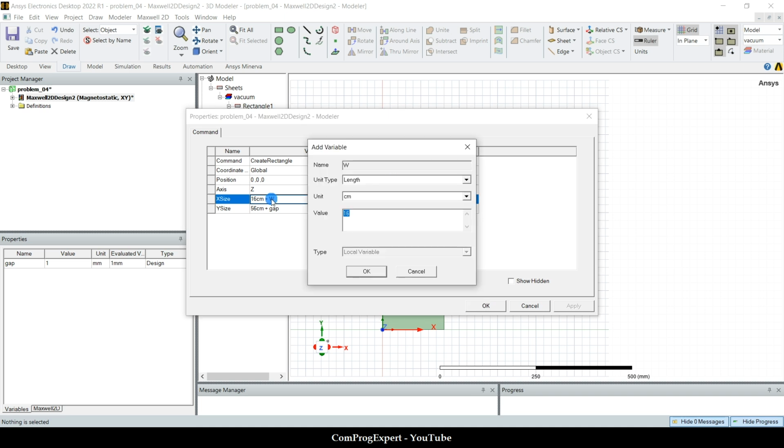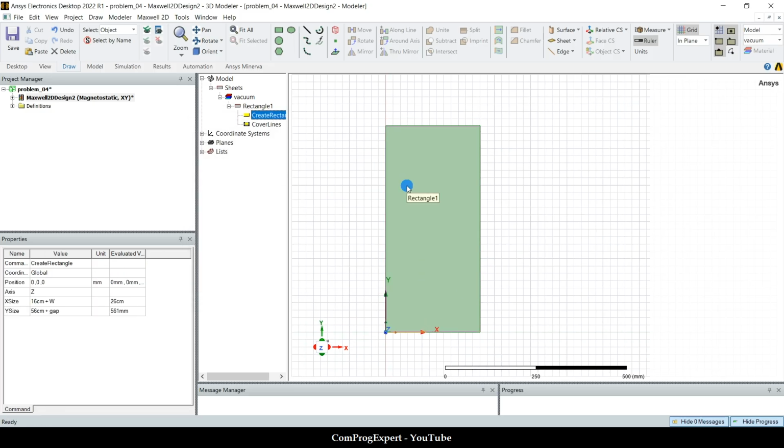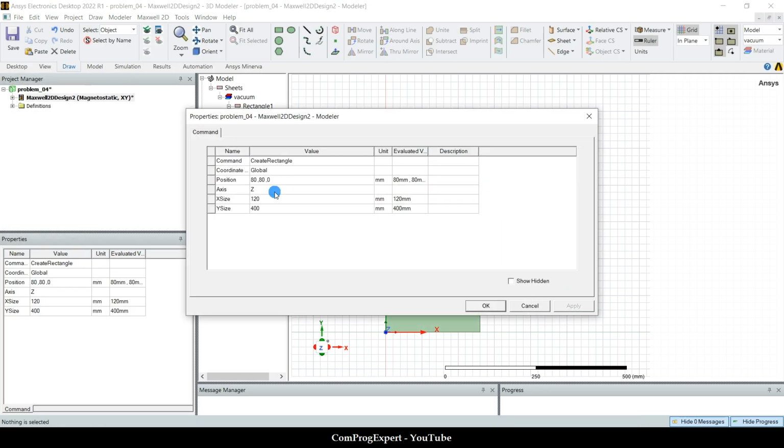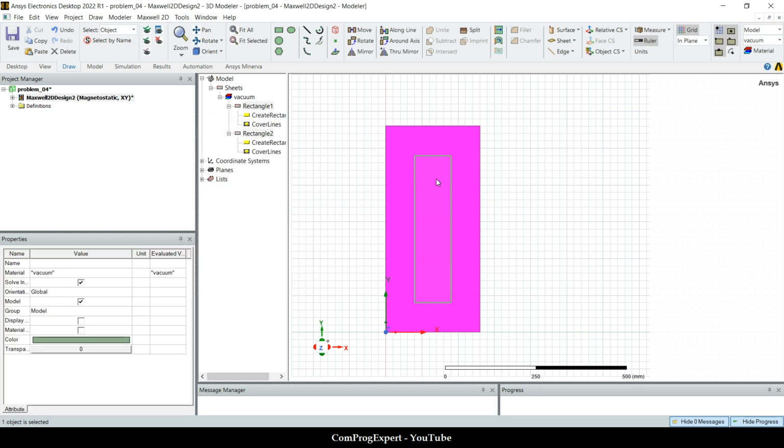Let's consider 10. So now we can draw this rectangle. The x size is 8, the y size is 8 centimeters, the width is w, the height is 40 centimeters. So select this one and subtract.